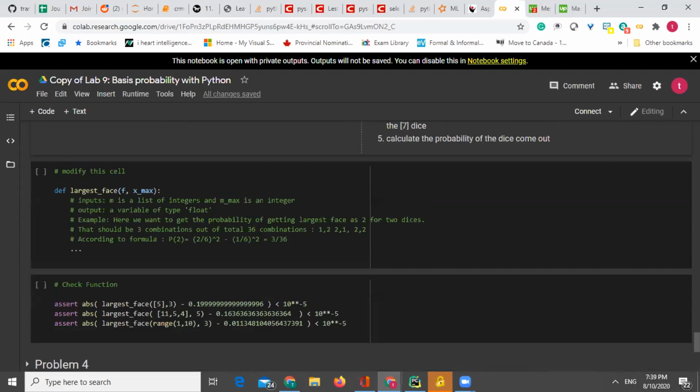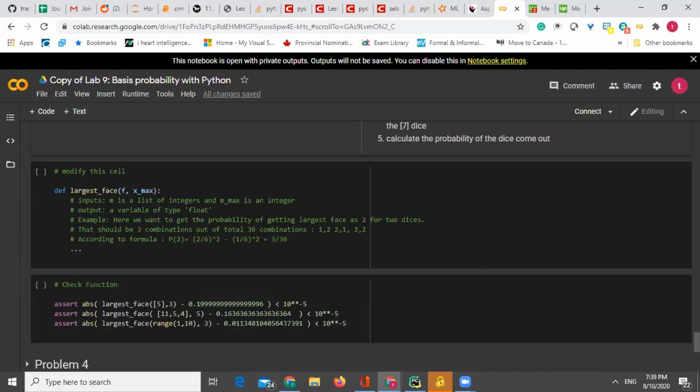Variable tab, right? A list of integers and m max, an integer. This integer could be any possible number on the face of each dice.